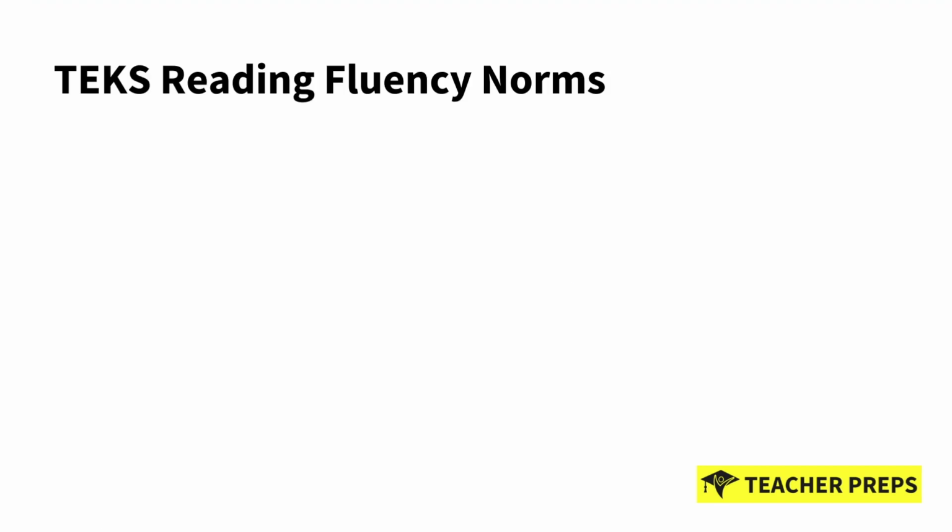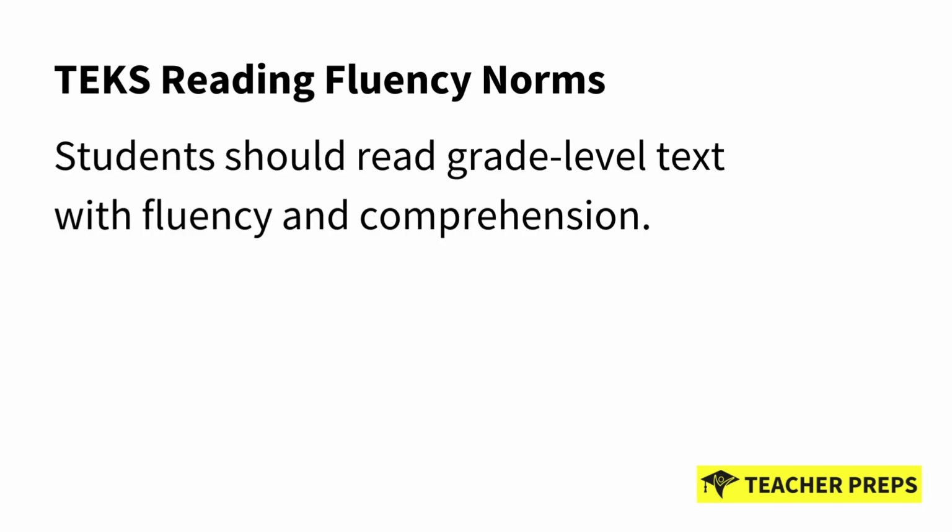Now let's cover the norms for reading fluency that have been established by TExES Essential Knowledge and Skills for grades 4 through 6. First, students need to read grade level text with fluency and comprehension.